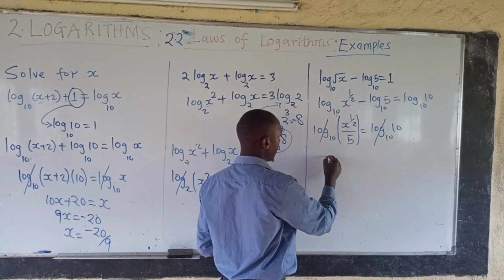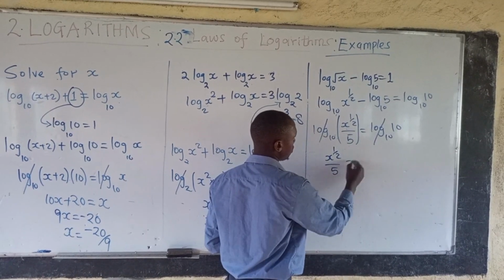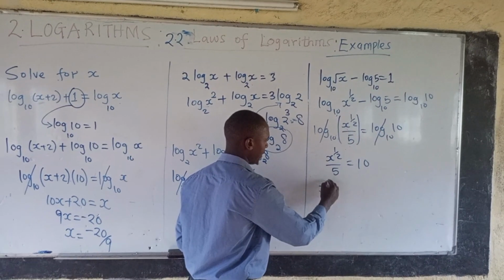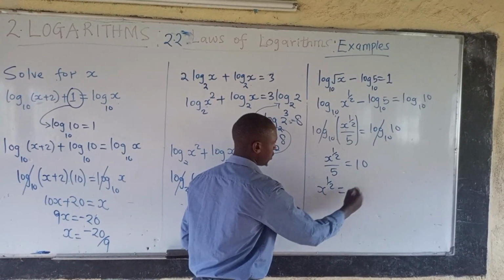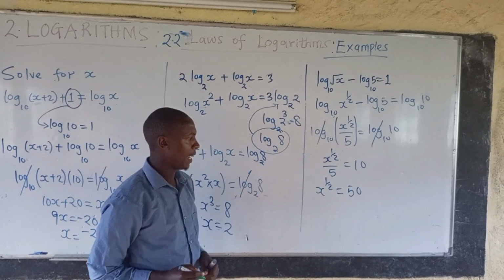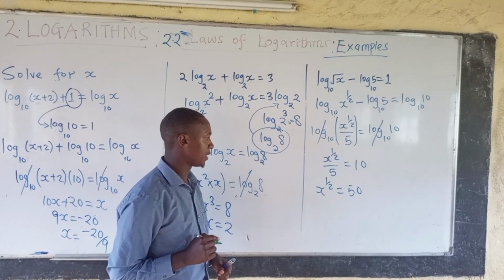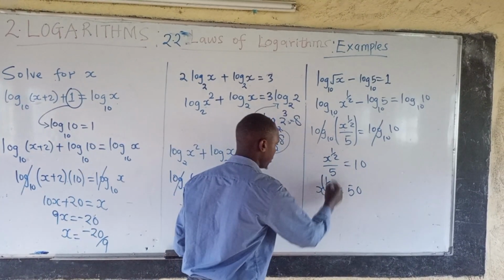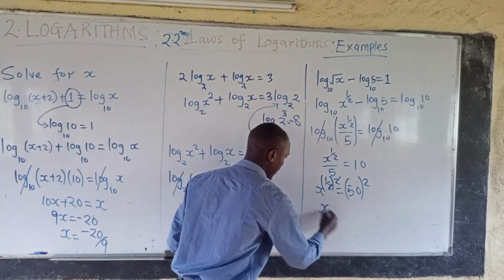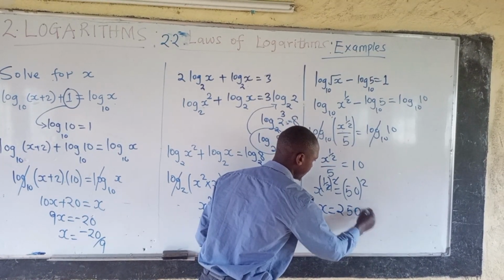Now I remain with x power half divided by 5 is equal to 10. Multiply by 5 on both sides, and I have x power half is equal to 50. If I square both sides, this cancels out, and the value of x is exactly 2500.